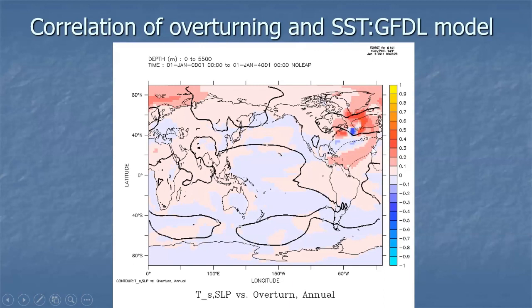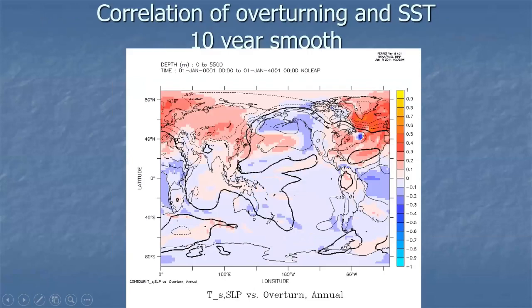This is exactly the same pattern as was seen to affect hurricane formation. If we take a 10-year smooth, the correlations go way up, particularly in the high latitudes, and start to show correlation over a much broader scale.